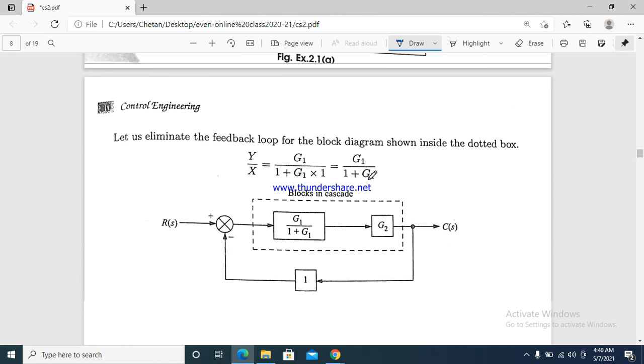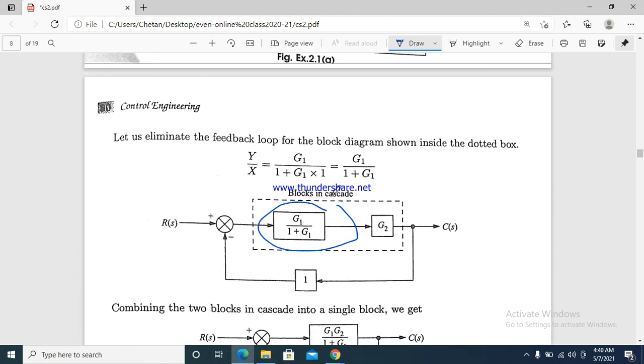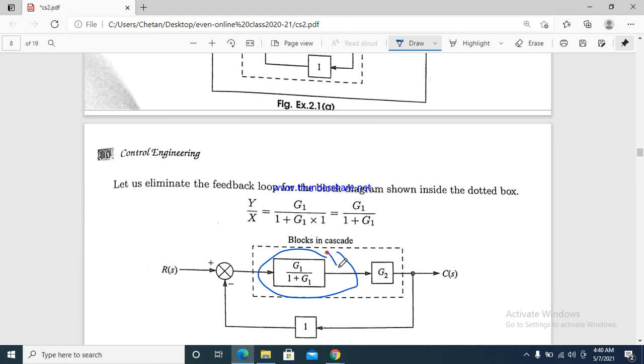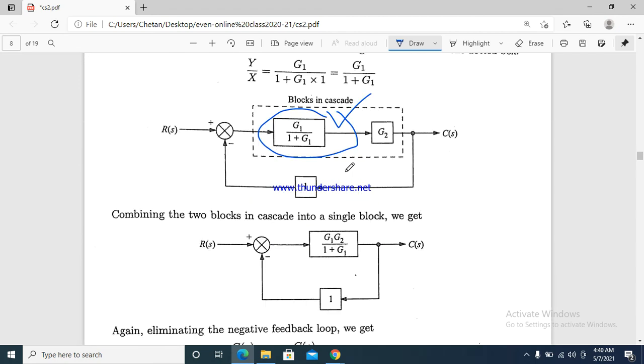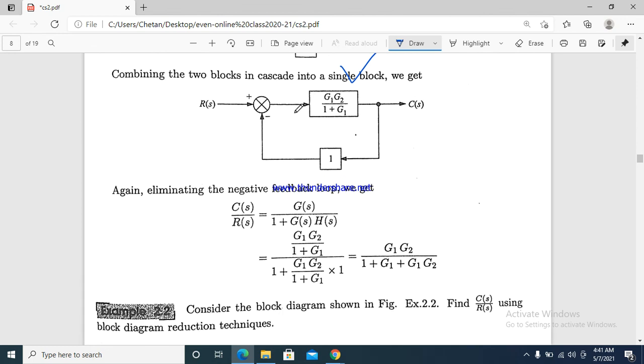For the inside feedback loop, this is the expression: G1 divided by 1 plus G1. For the outside feedback loop, you have to multiply these two. Then for the outside feedback element, you should observe that you have a minus sign here.